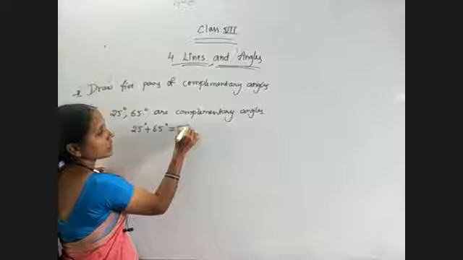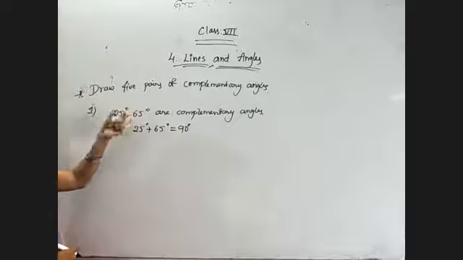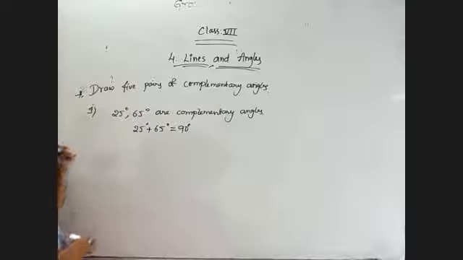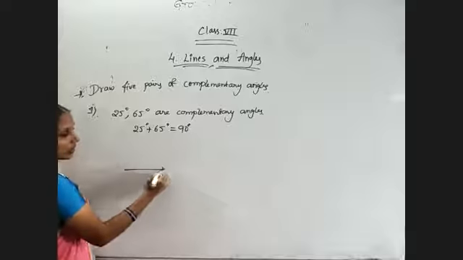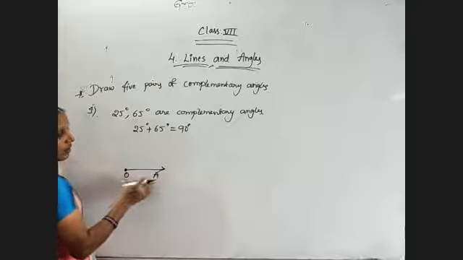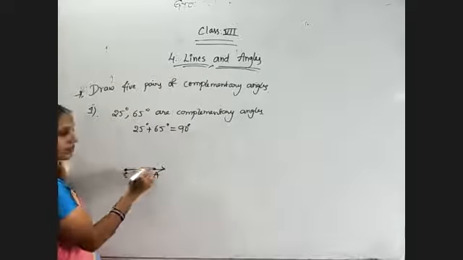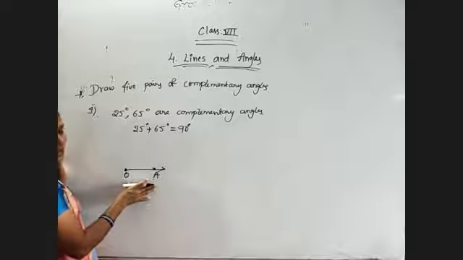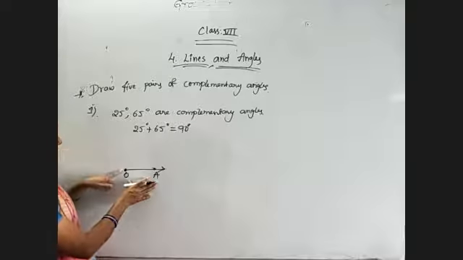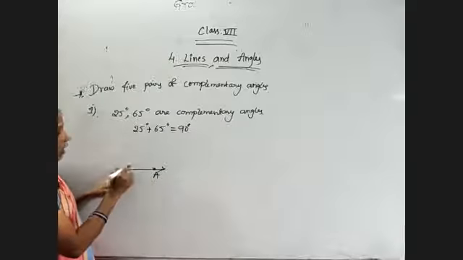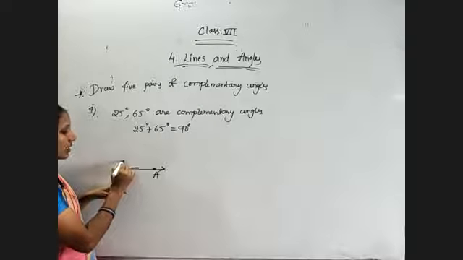But they are asking to draw 5 pairs of complementary angles. So this is my first pair. I am drawing now. Take your protractor. First of all, draw one ray OA, and set your protractor at O. How to set your protractor like this?